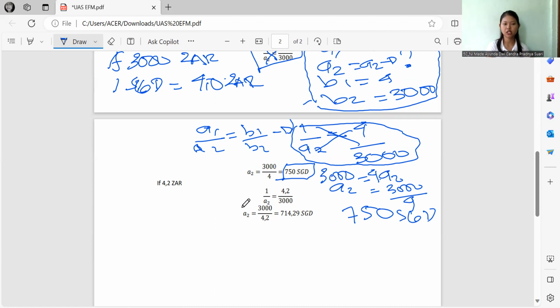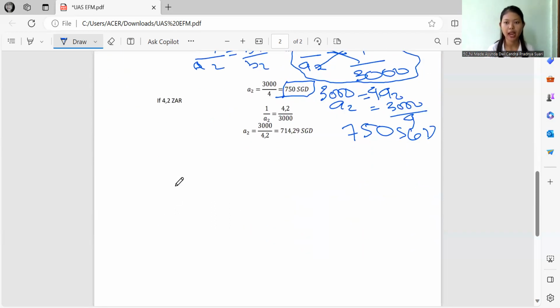Okay, that is example number 1. And the second example is, I have the same 3,000 ZAR, or South African rand.